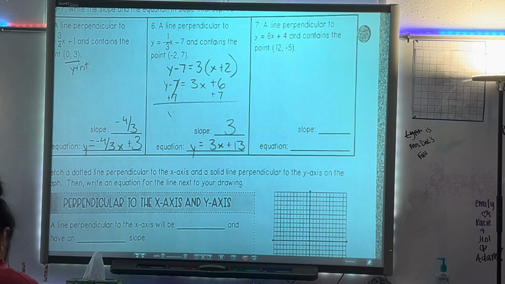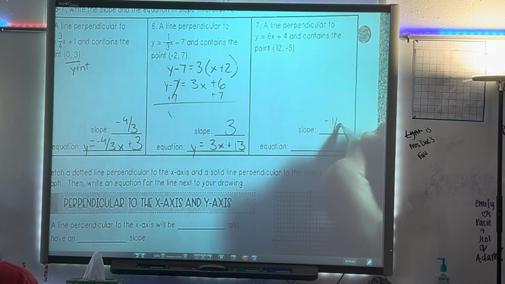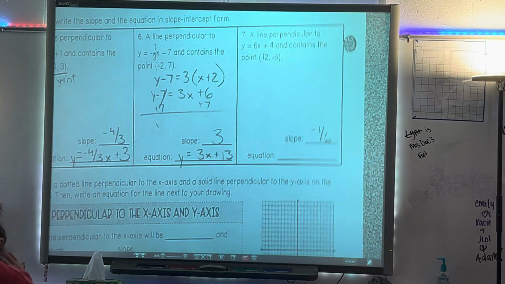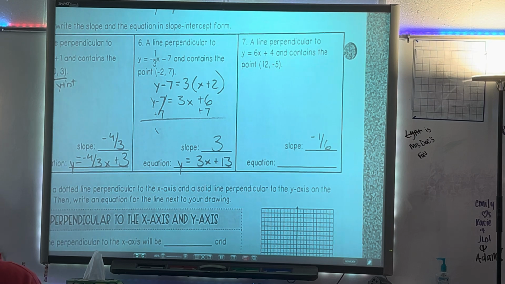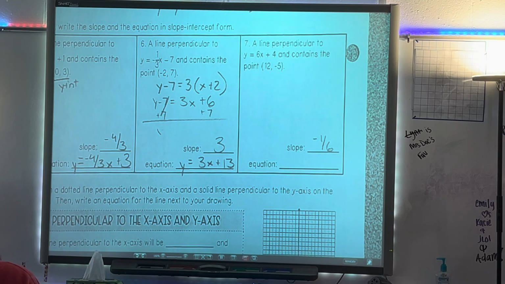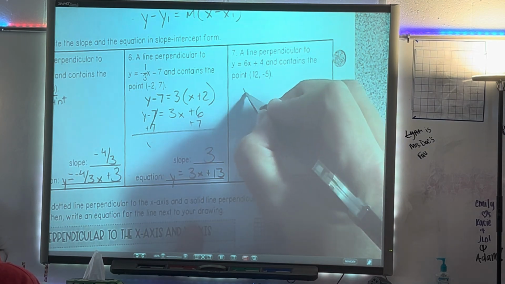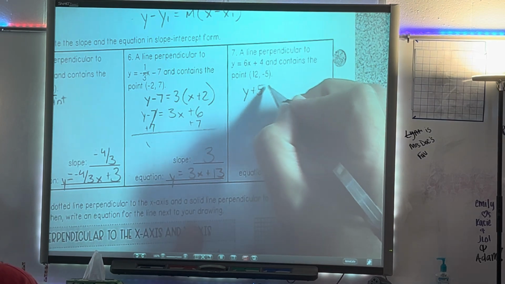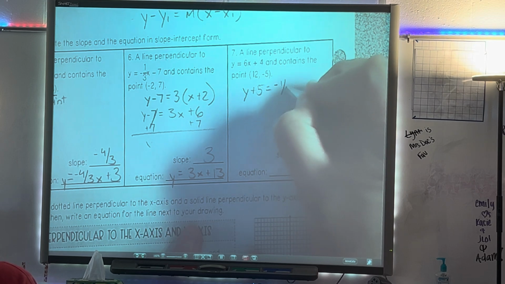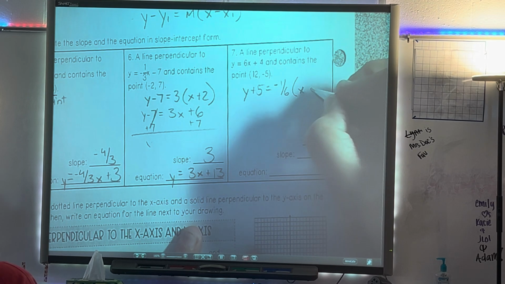What is my slope going to be for my perpendicular line? -1/6. Okay, got that. So I need to use what to be able to do this one? I need point slope again. Easton, you want to set it up? Okay. y plus 5 equals -1/6 parentheses x minus 4.